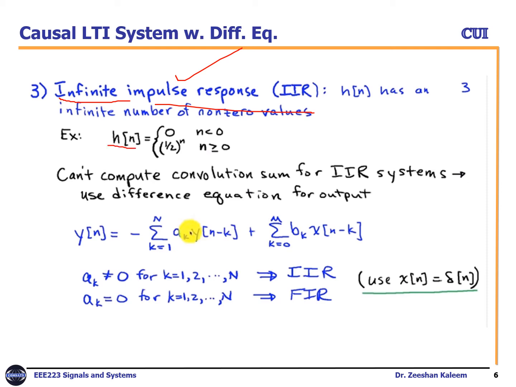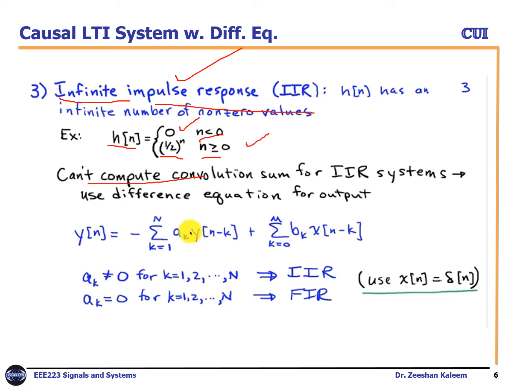Let's see the example. h[n] equals 0 for n less than 0, right? This is similar to the finite impulse response. Whereas for n greater than or equal to 0, it is always (1/2)^n. It is not going to be 0. So when the impulse response is not going to be 0, it means it is infinite.